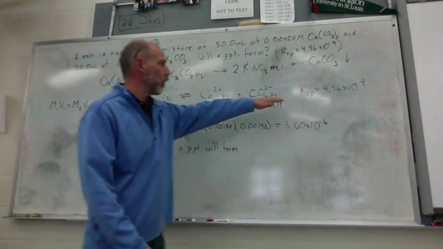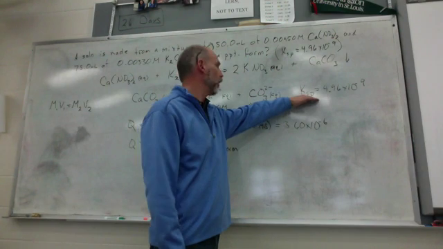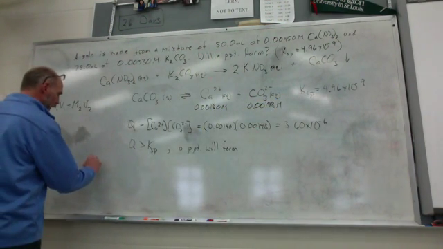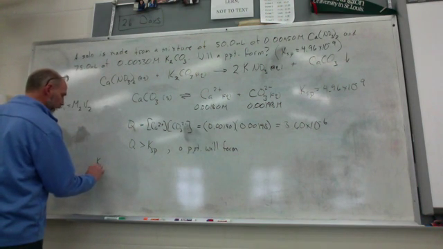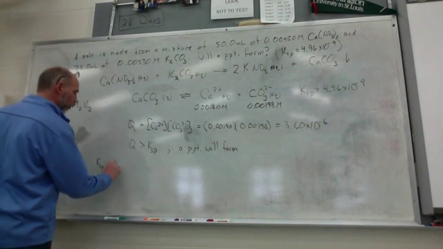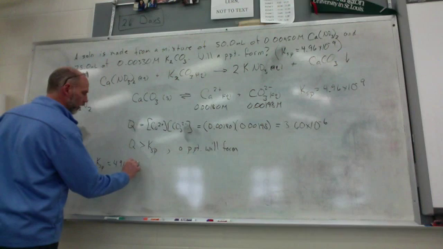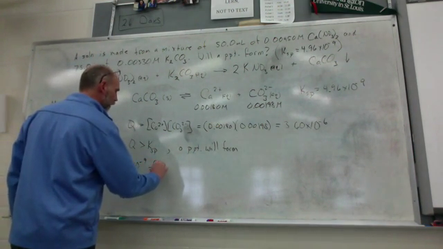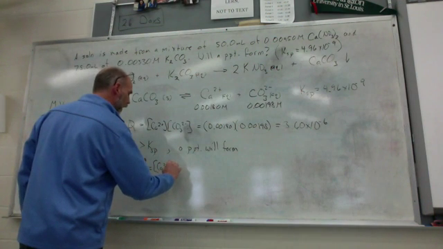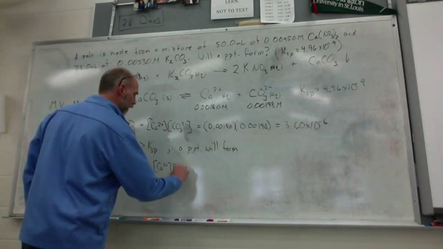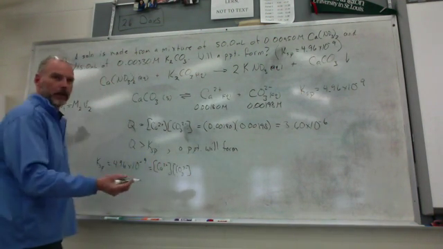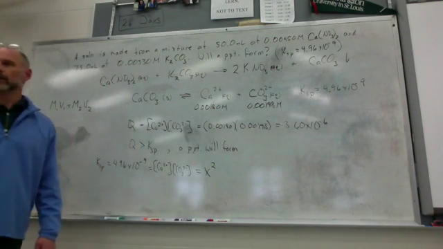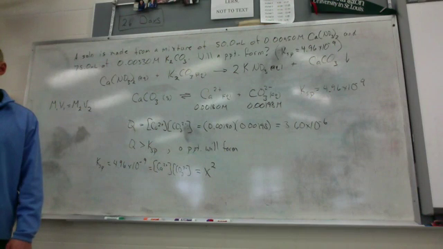Let's calculate the molar solubility of the calcium carbonate from this. Remember, molar solubilities are calculated using the Ksp, which is 4.96 times 10 to the negative 9th, equals the calcium ion concentration times the carbonate ion concentration, which ends up being x squared. Would you guys agree?